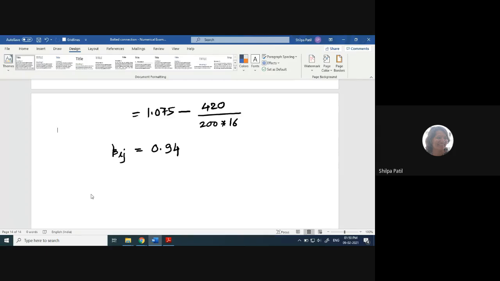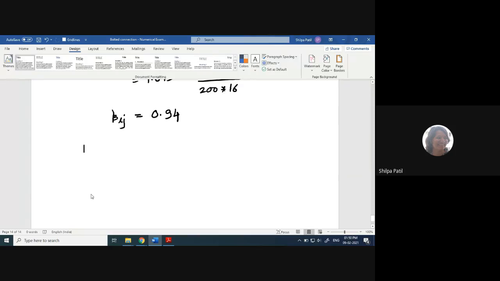We have to find out what new value we are getting. So just write down the reduced shear capacity of the bolt.